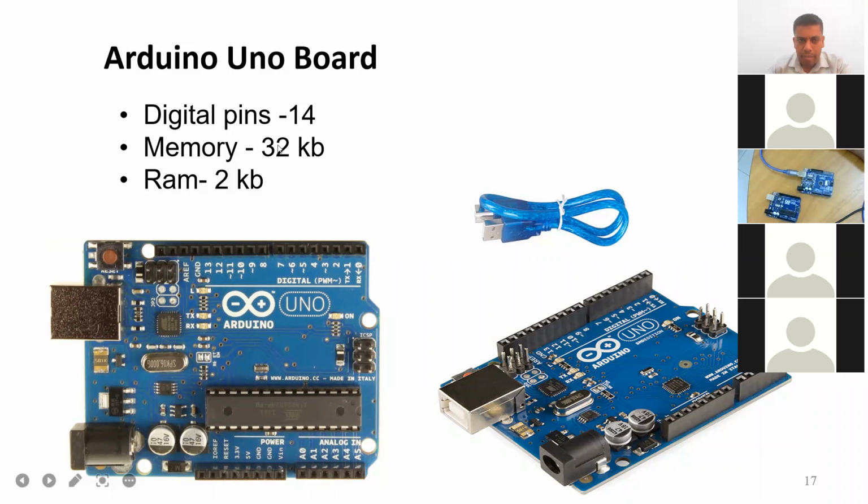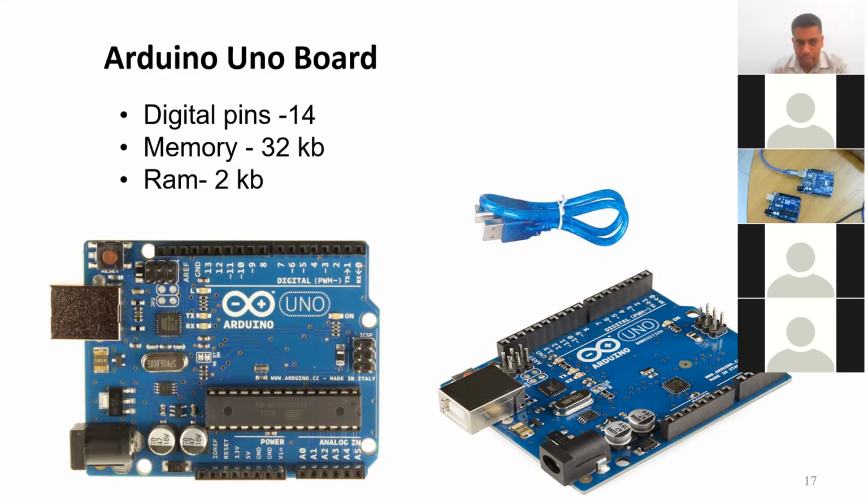Then in this board, there are 14 pins. Pin 14 digital side. We are telling that as a digital side. Then starting with 0, 1, 2, 3, like that up to 13. This is the digital side. They are including 14 pins. And same as their memory, internal 32K flash memory appears.